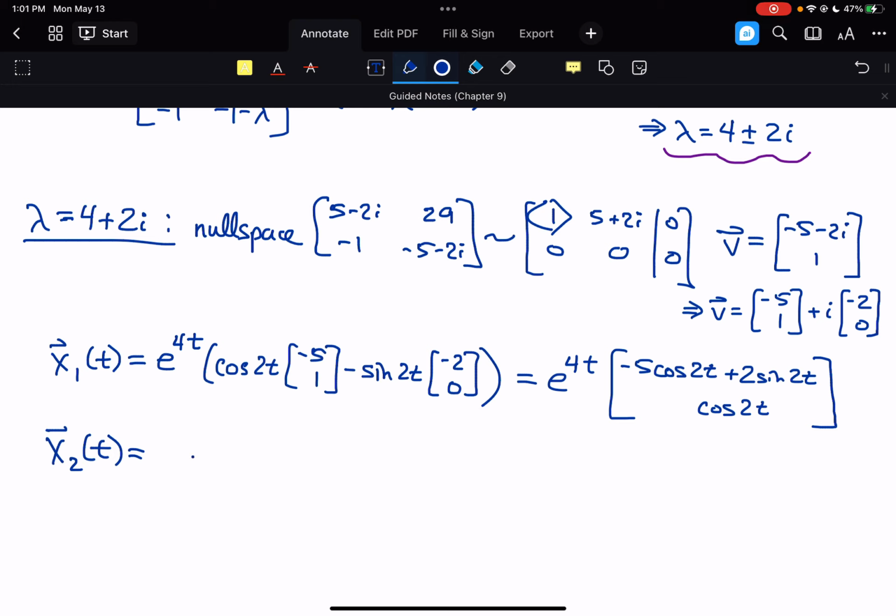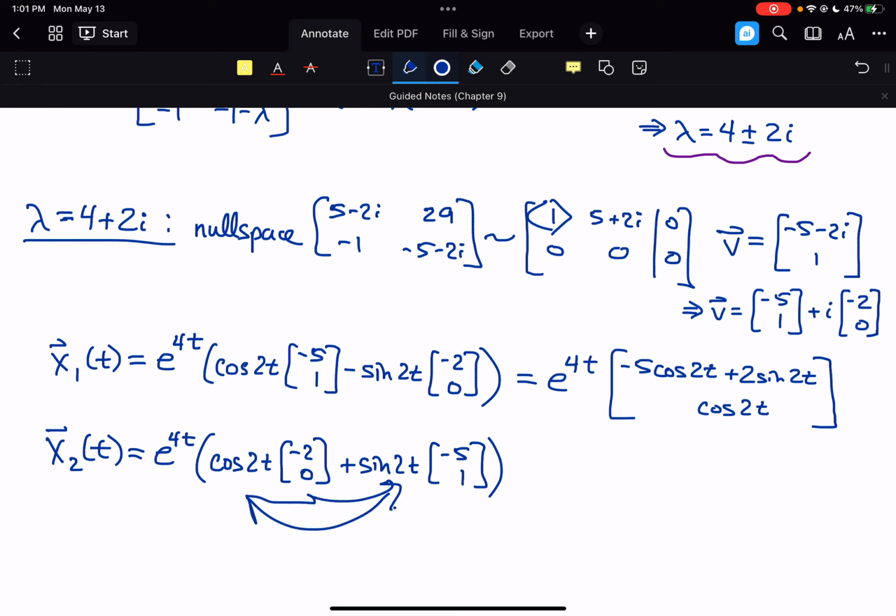And x2 is e to the 4t cosine of 2t negative 2, 0 plus sine of 2t negative 5, 1. In the formula back on the last page, it has them switched, but I like to have the consistency of cosine coming first and sine coming second.